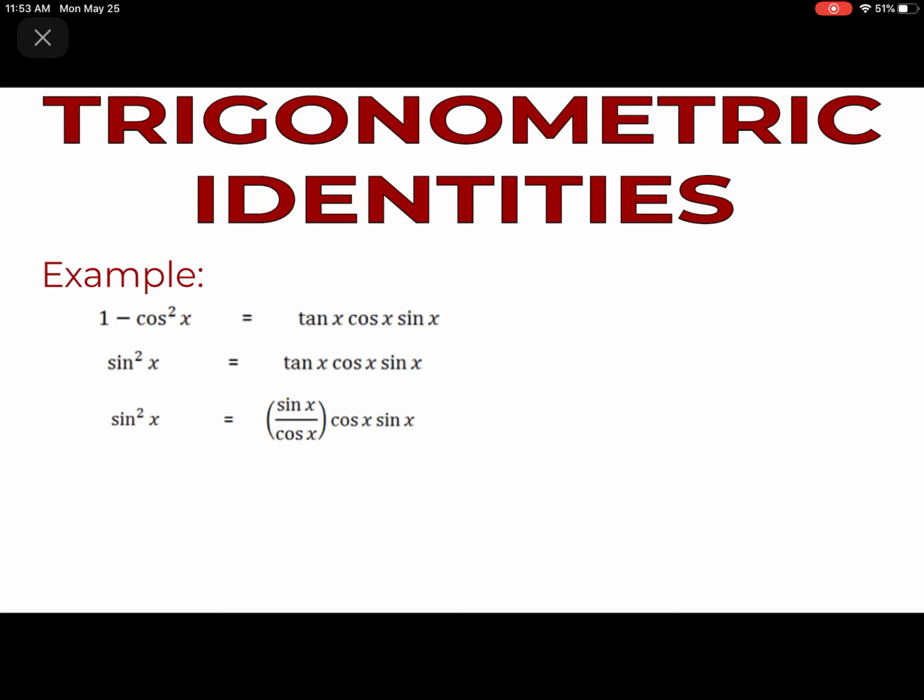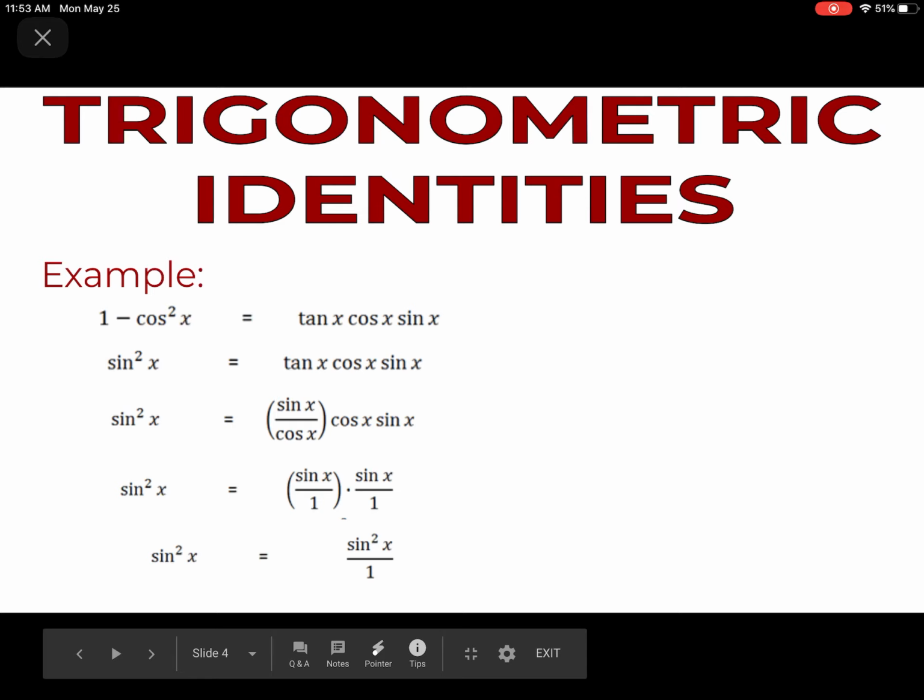You'll only be working with one side at a time, but this shows you how versatile these things are. So now I have sine squared of x on my left-hand side. We're going to change tangent of x to be sine x over cosine of x, still multiplied times cosine x sine x. All right? So now I have sine squared x equals sine x over 1 times sine x over 1.